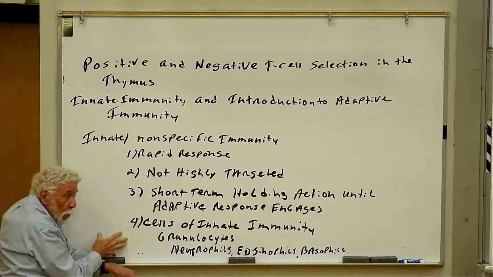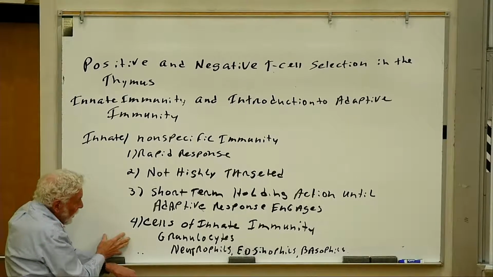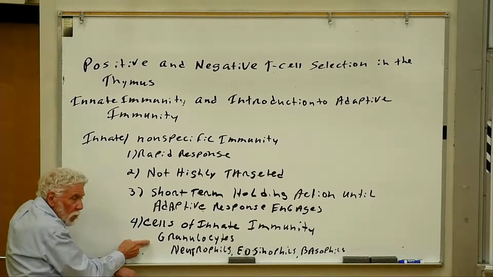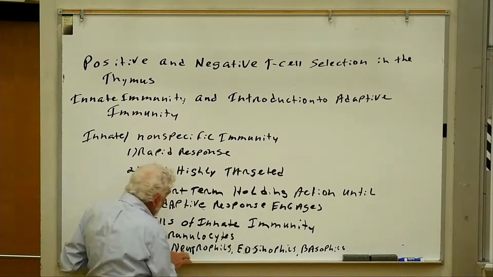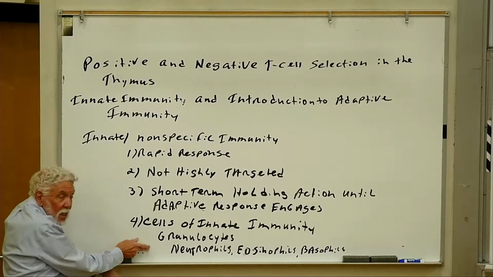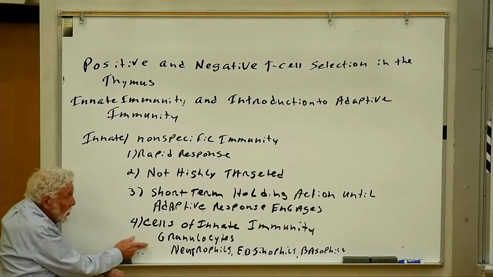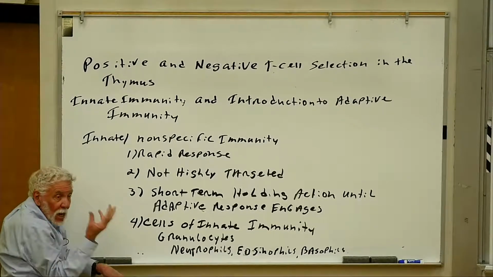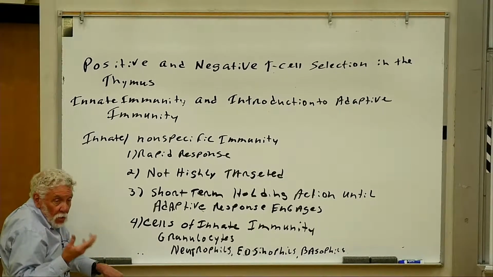There are a group of cells that we'll talk about briefly when we talk about the innate immune system. And these are so-called granulocytes. This term granulocyte is left over from the 19th century because when the 19th century histologists looked at blood cells, they saw this subset of cells in the blood that were chock full of these granules. We now know these are vesicles.